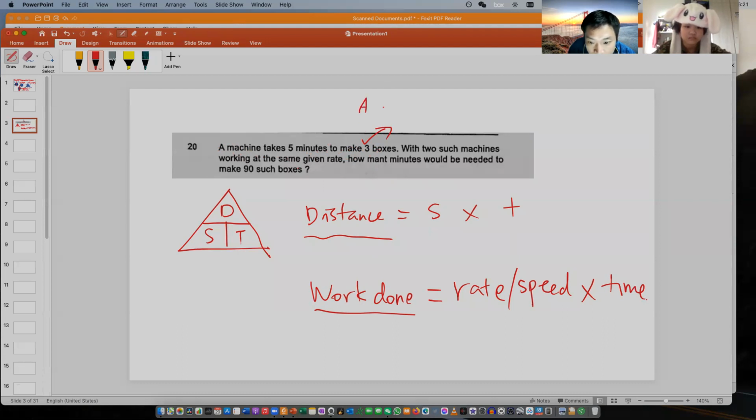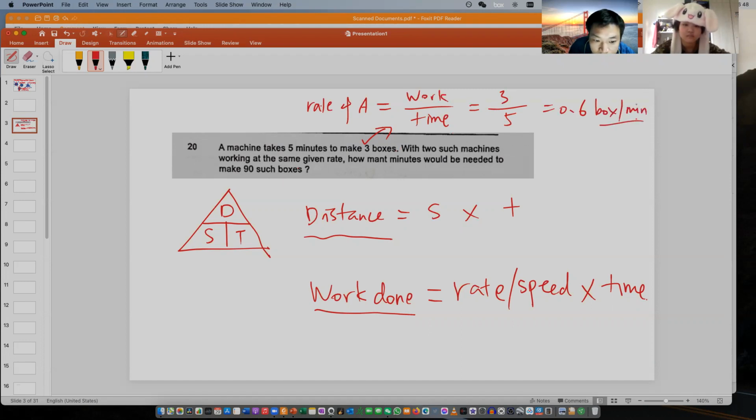With this statement, you can find out machine A. You can use the work done divided by the time taken, then you will get the rate of one machine. The work done is 3 boxes and 5 minutes, so the rate is 0.6 boxes per minute.